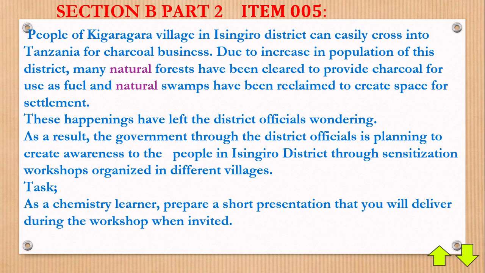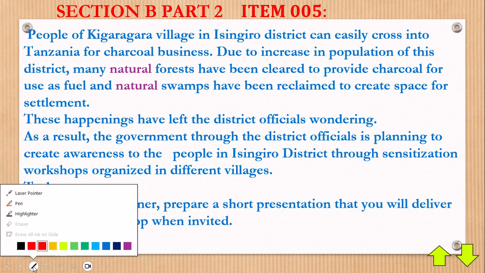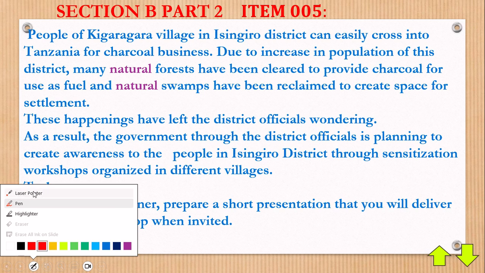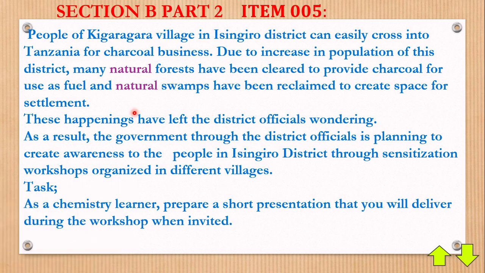Anyway, let's move forward. Section B part 2 is giving us our item 005. Why I specify this is to enable you to know which answering criteria we use. You should pay much attention to that. At the end of this video, I'm going to put for you how section B part 2, that's item 5 and 6, is marked.